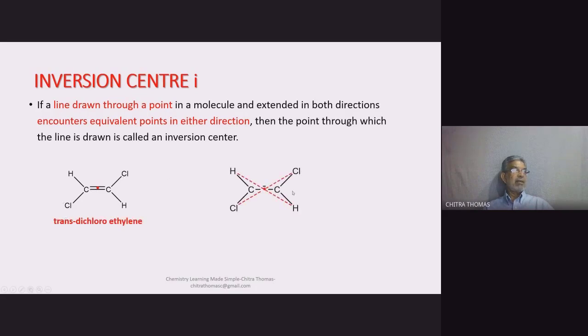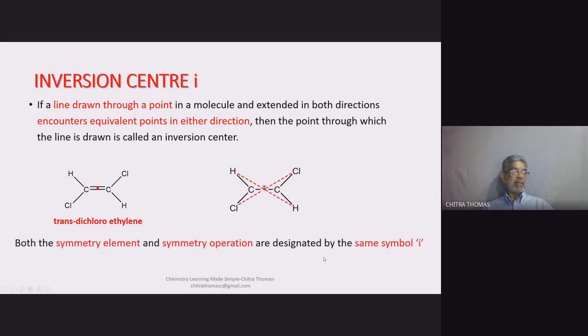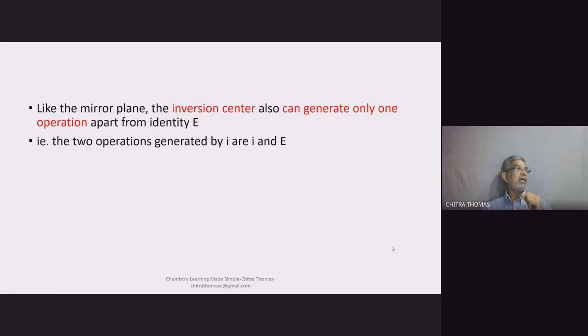This is trans dichloro, so this is an inversion center. Both the symmetry element and symmetry operation are designated by the same symbol I. Like the mirror plane, the inversion center also can generate only one operation apart from identity, or I can say it can generate only two operations, namely I and E.